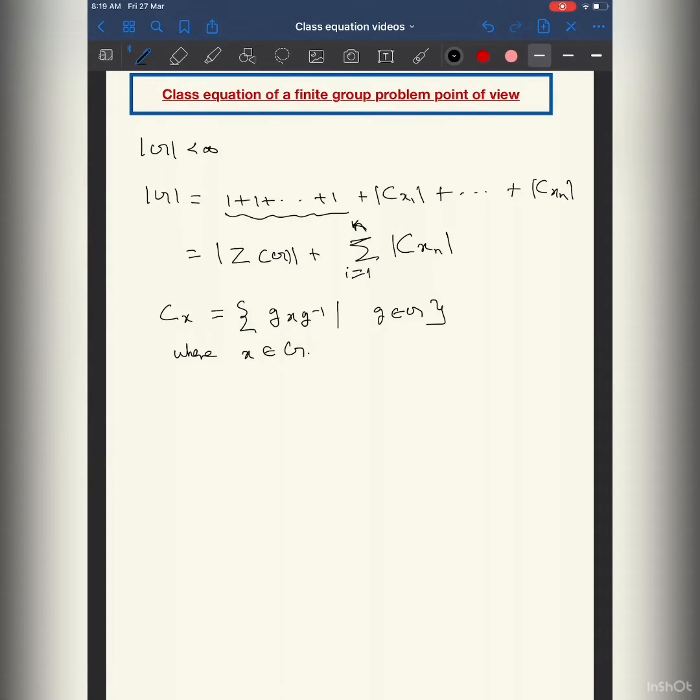The first thing we want to observe: Lagrange's theorem is so basic to us, so I'm going to use it. Suppose H is a subgroup of G; we are in the finite setup, so the order of H divides the order of G. This is Lagrange's theorem.